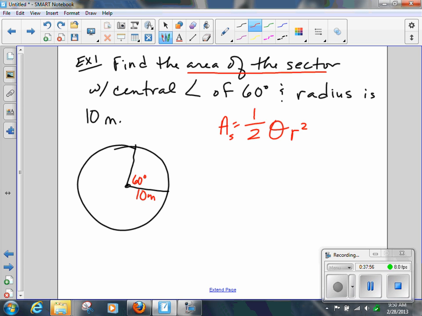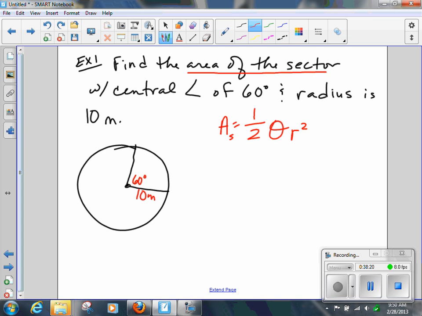What do I have to do? Say it again, I just didn't hear you. Can I just throw 60 and 10 in there? Can I throw 60 degrees into my formula? Why not? It's not in radians.